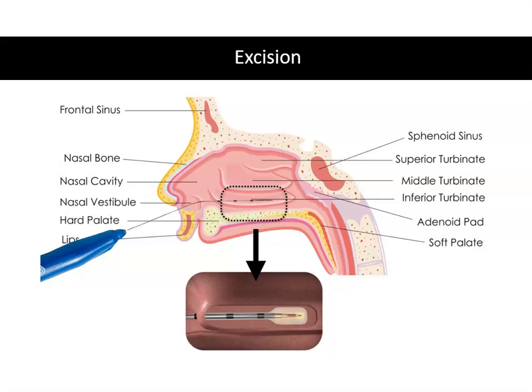Number one, each case has to be scrutinized on a case-by-case basis. Also, think NCCI. Is there an NCCI, National Correct Coding Initiative, edit that prohibits us from reporting two codes when only one is applicable? If you're brand new to coding, it does take some time to learn all of these rules. So just take it one step at a time.